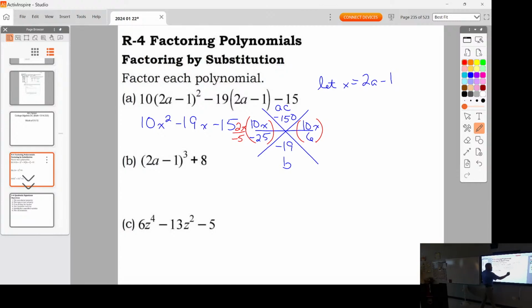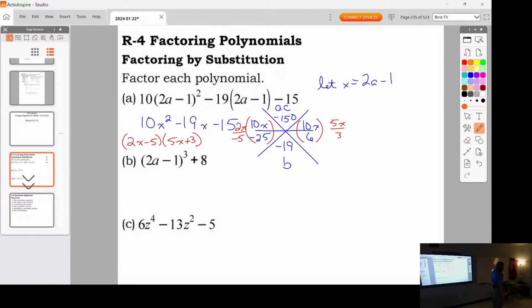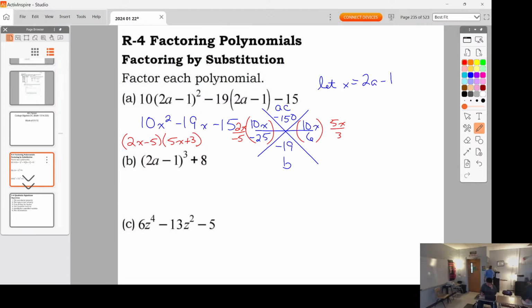Divided by 2 gives me 5x and 3. So 10x squared minus 19x minus 15 factors into (2x minus 5) times (5x plus 3). Questions on that?